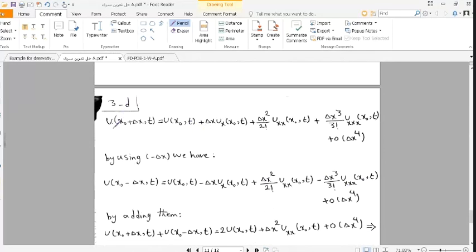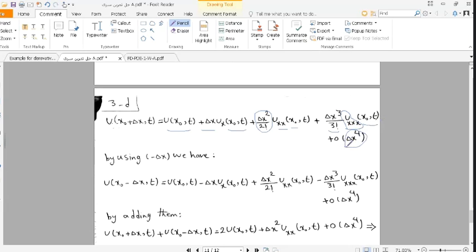If we write Taylor's theorem for u at x0 plus delta x and t, we have u at x0 and t, plus delta x u_x at x0 and t, plus delta x squared over 2 factorial u_xx at x0 and t, plus delta x cubed over 3 factorial u_xxx, meaning the third derivative of u with respect to x, at x0 and t, plus O of delta x to the power 4.